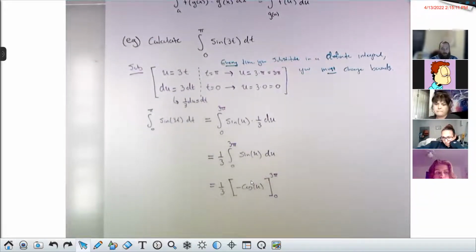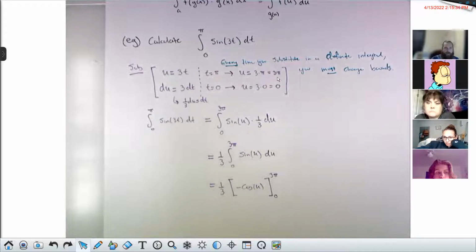Here's the other place where I differ from those overzealous high school and Calc 1 teachers. You don't need to plug back in the original variable. With indefinite integrals, you do need to plug back in the original variable because the answer there is a function, and that function should be a function of the same variable that the problem was stated in. Here, though, I'm just asking for an area.